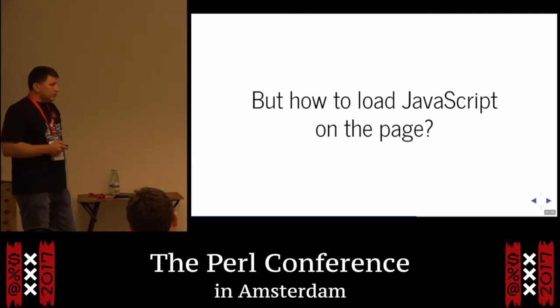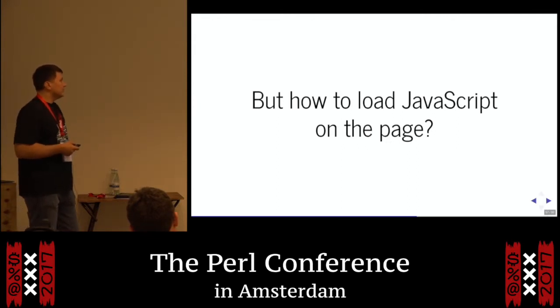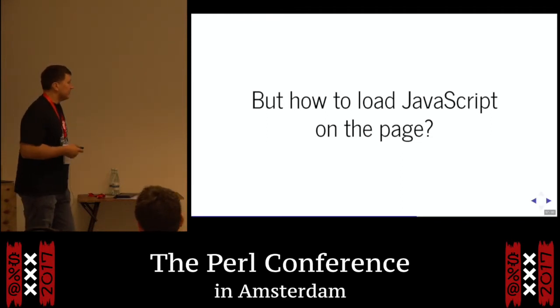But first of all, we need to understand how to load the JavaScript code on the page. Surely we cannot edit the component file, like we discussed previously, and we possibly don't want to put it in the callback code either, because that's possible, but not the most natural way.